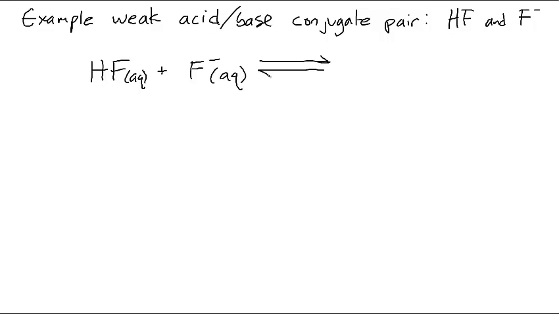HF is going to give away its proton. So what does HF become when it gives away its proton? F minus. And F minus is going to accept the proton. So what does that become? HF. So, yes, this reaction happens all the time in the solution, but it has no effect because the products are the same as the reactants. So yes, this is happening constantly.